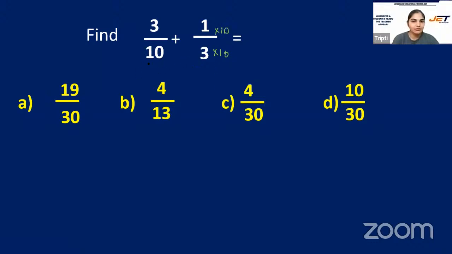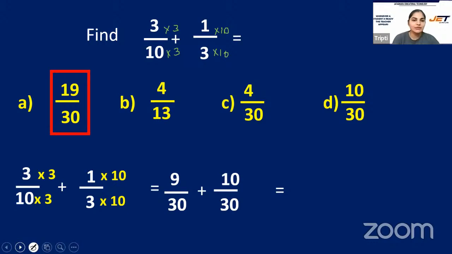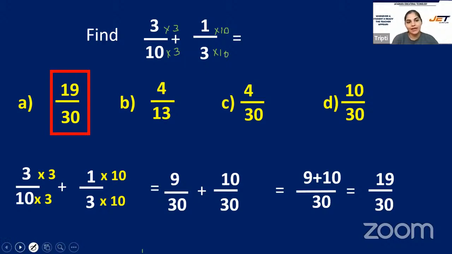Sorry, here 3 times 10 is 30 and 10 times 3 is 30. Okay. So here 3 times 3 is 9 and 10 times 3 is 30. 1 times 10 is 10 and 3 times 10 is 30. Again, we have got 30 as a same denominator. 9 plus 10 is 19 and in the denominator it's 30. 19 by 30.